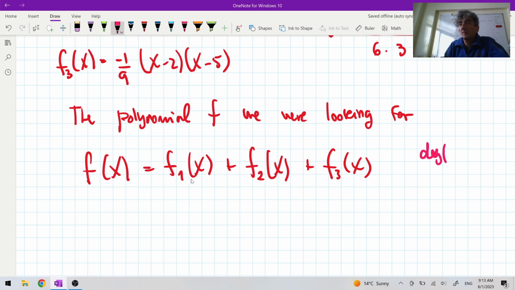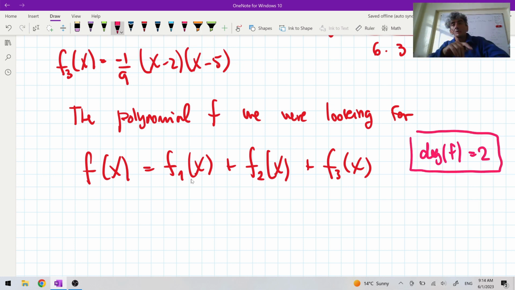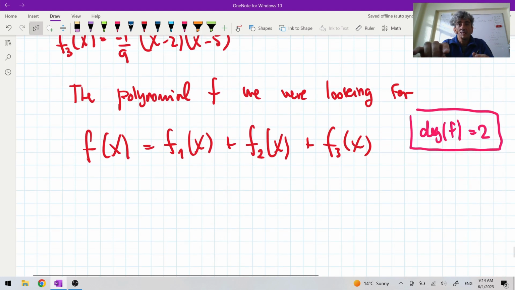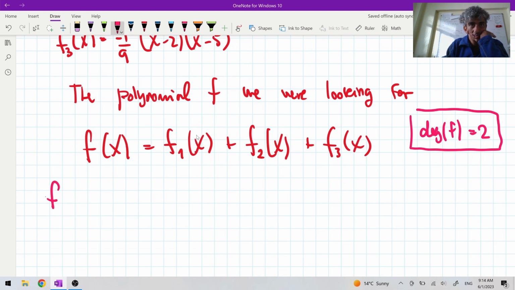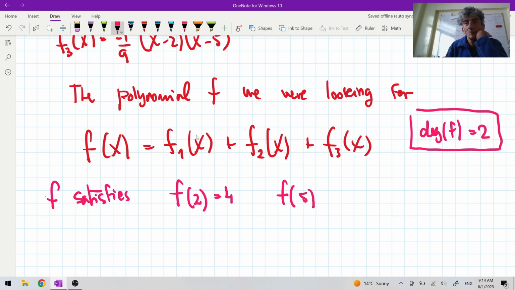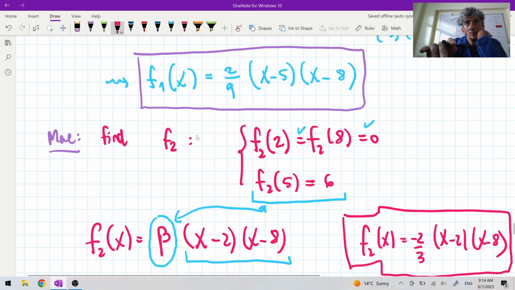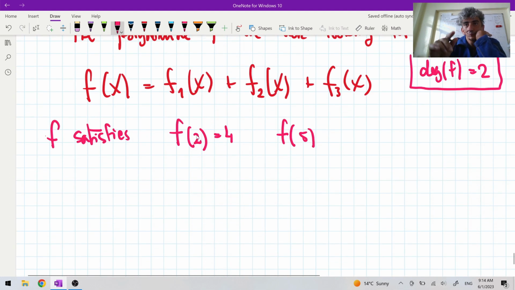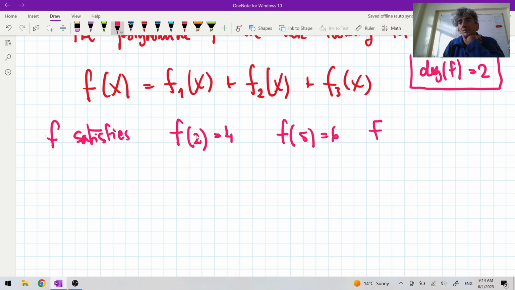The degree of f is actually 2 because it is the sum of 3 distinct polynomials of degree 2. Okay, and it satisfies all that is required. f at 2 is 4, f at 5 is 6, and f at 8 is minus 2.